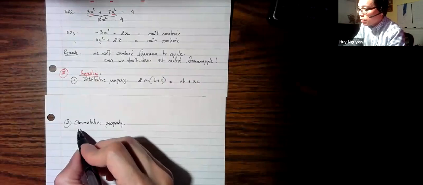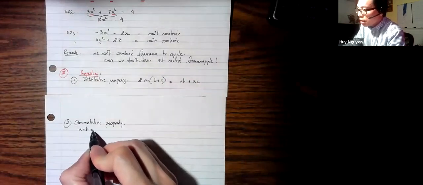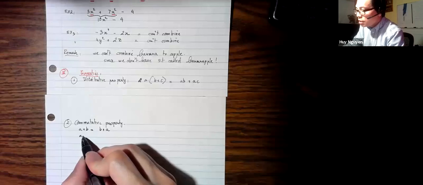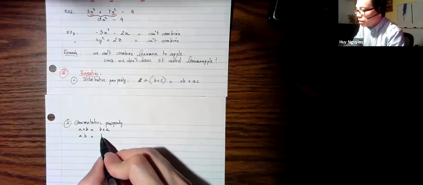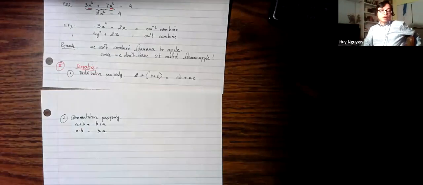In addition form, we have a plus b equal to b plus a. And in multiplication form, we have a times b equal to b times a. Now, totally makes sense, because just think about it. We have 2x plus 3x. It is the same as 3x plus 2x.